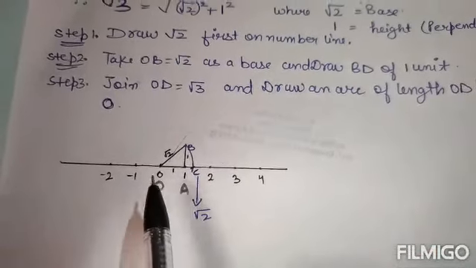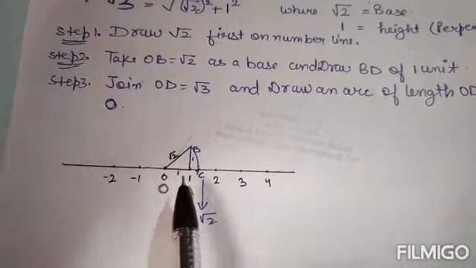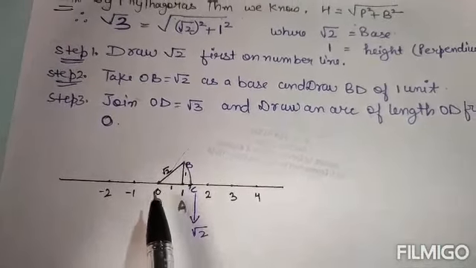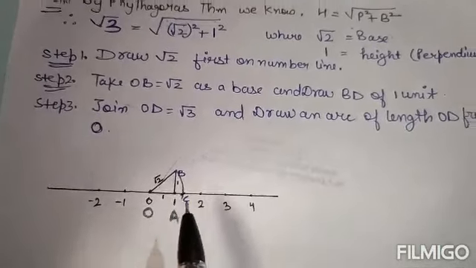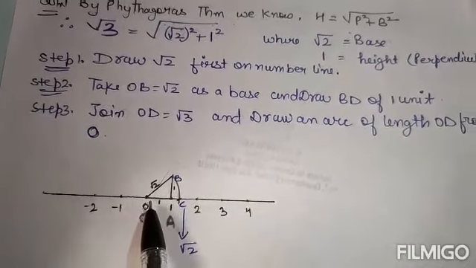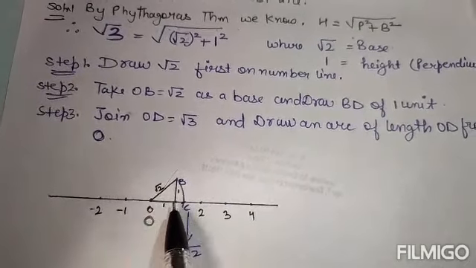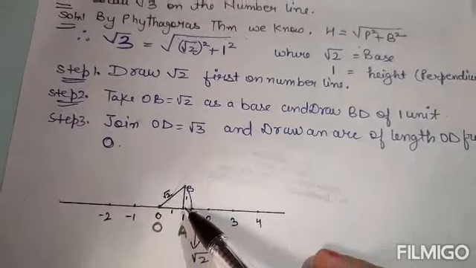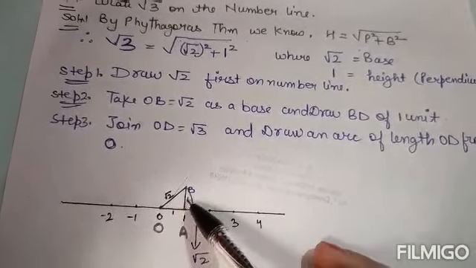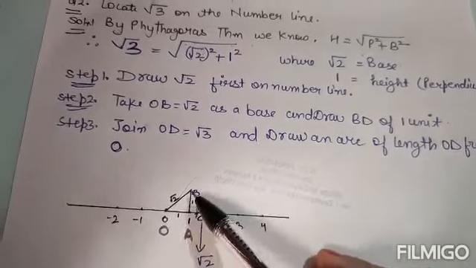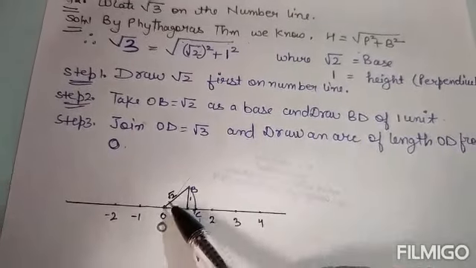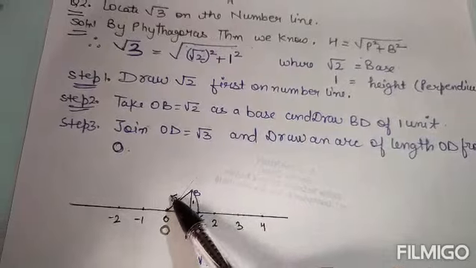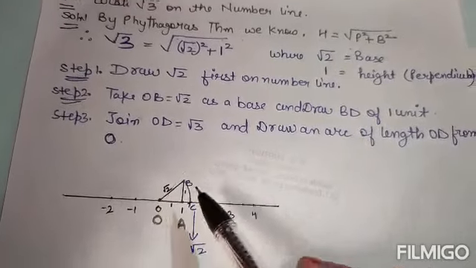As I have already taught you how to construct root 2 on a number line, firstly I have drawn a line OA of 1 unit, then draw a line of another 1 unit AB and join OB such that it represents a length of root 2.